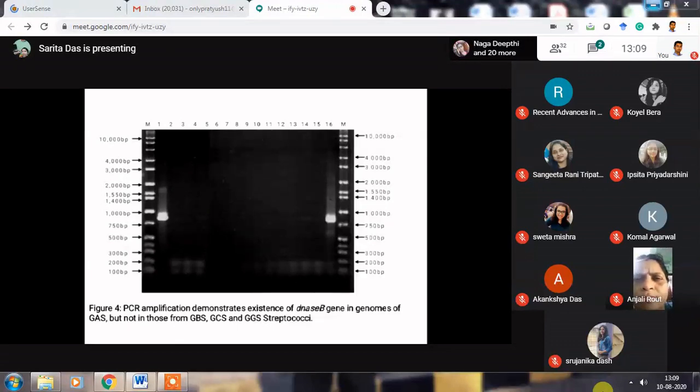So Streptococcus pyogenes had the DNase B gene, and in all the rest of the strains it is absent. That means we can use this DNase B as a marker to diagnose group A strep infection.